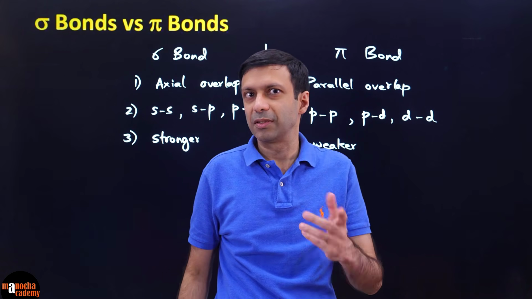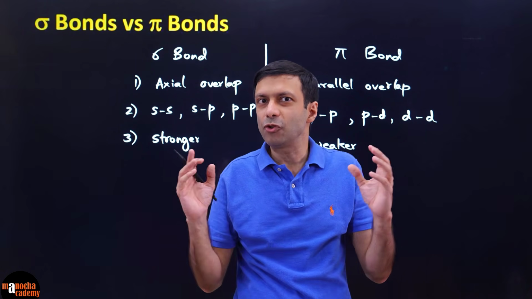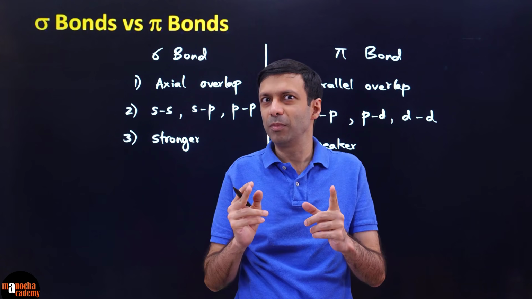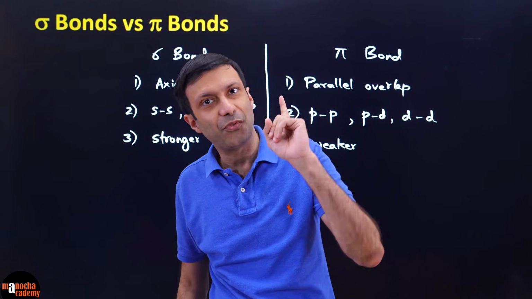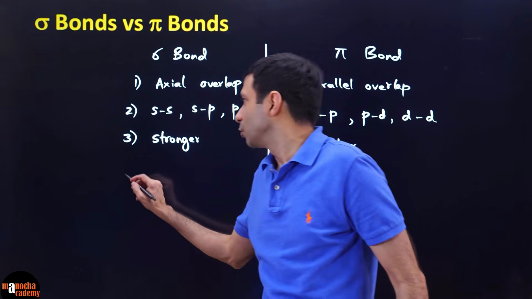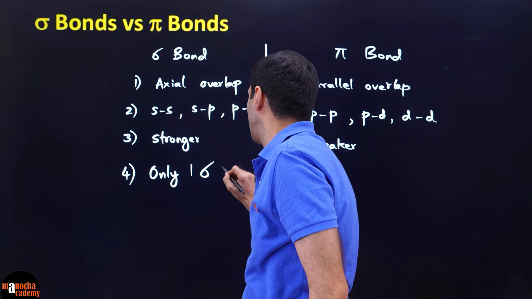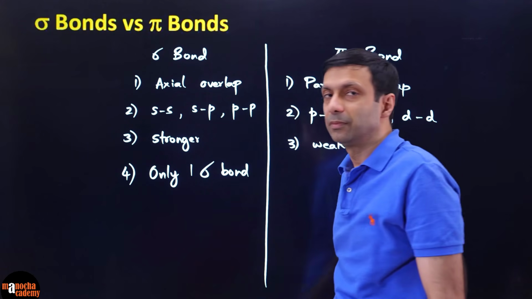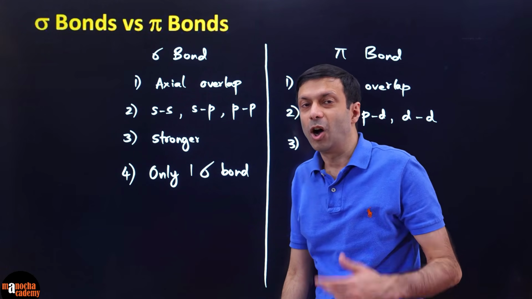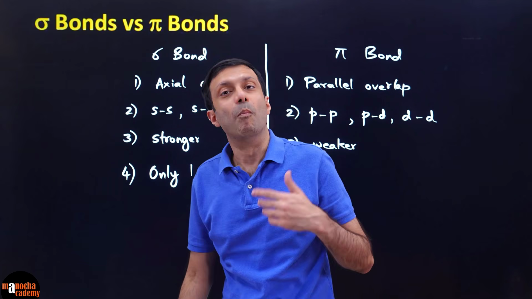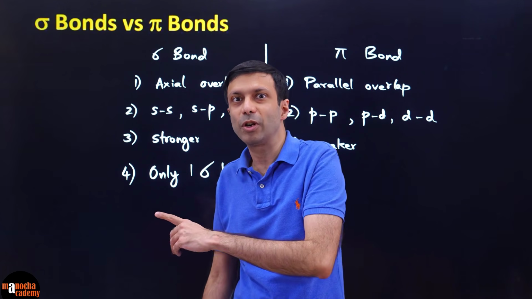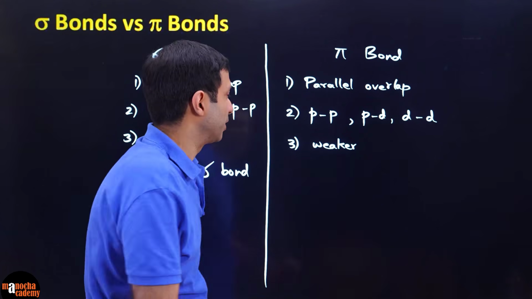Another important difference, as we discussed, when you have two atoms, how many sigma bonds can they form? Only one, because remember the first bond is a sigma bond. So we can say here, only one sigma bond between the atoms. But how many pi bonds can there be? More than one, right? Because after the sigma bond is formed, only pi bonds are formed, right?